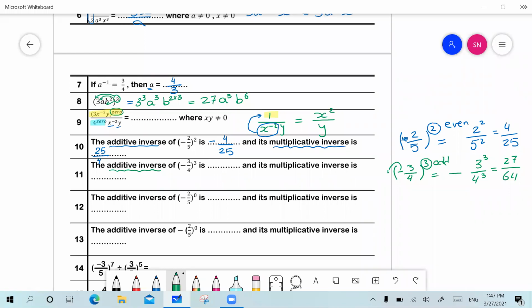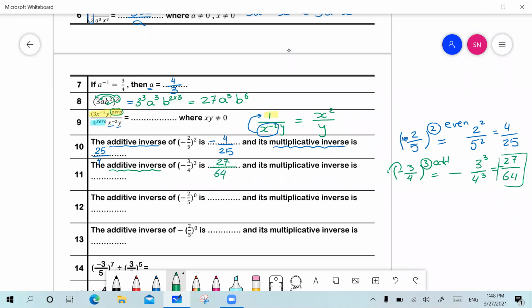تمام؟ الاديتيف انفرس بقى بتاع النمبر ده هو ايه؟ طالما هي هتفضل نيجاتيف 27/64. تمام. يبقى كده ده الألف. يبقى الاديتيف انفرس بتاعها 27/64.